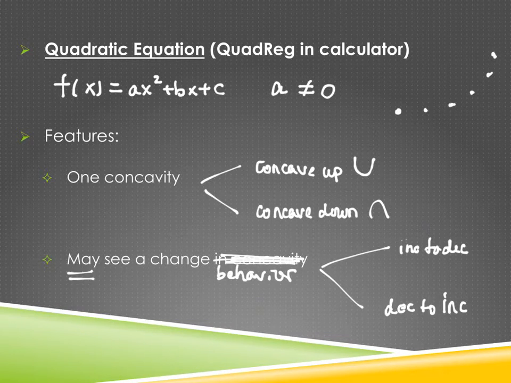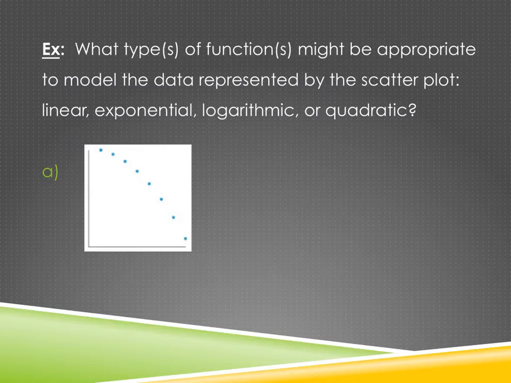It could be logarithmic, except for when we did the logarithmic, it was flipped around. So probably not logarithmic, but there was another one. Exponential, right? That would be another option too. So this has some of the same characteristics of the exponential and the logarithmic, depending on the shape of it, that we had seen in the other lessons.